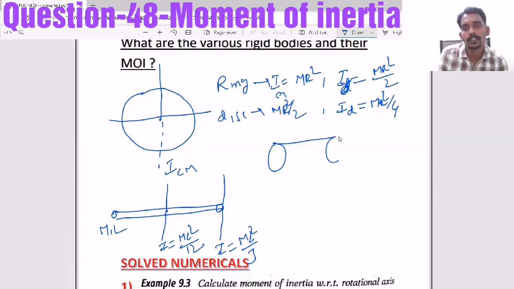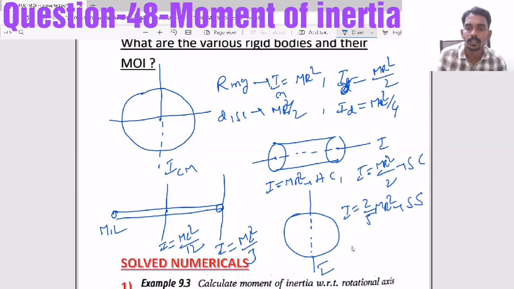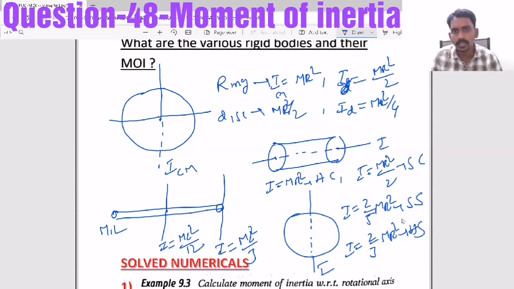In case of a cylinder, about its axis, the moment of inertia is I equal to mr square if it is a hollow cylinder, I equal to mr square by 2 if it is a solid cylinder. Similarly, for a sphere, the moment of inertia is 2 by 5 mr square if it is a solid sphere, and 2 by 3 mr square if it is a hollow sphere. So these are the basic formulas we need to remember.